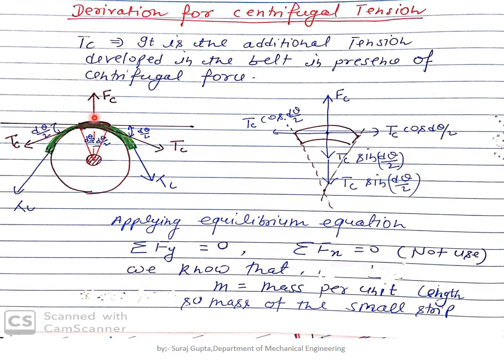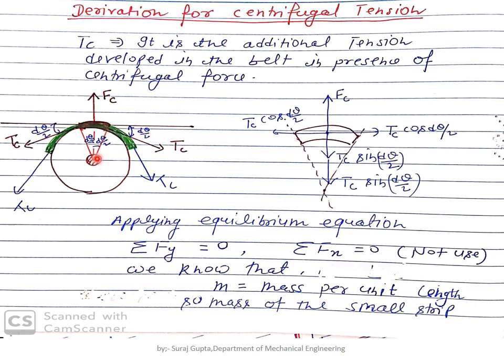If there is only centrifugal tension, there is a centrifugal tension in this direction. At every point there is a centrifugal force. If I take this small strip, there is also a centrifugal tension, but it is tangential. Here it is tangential to this, and here it is tangential to this.